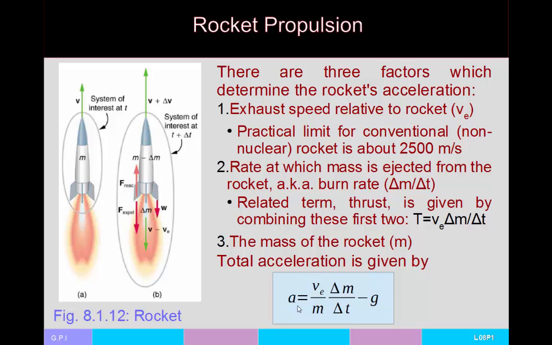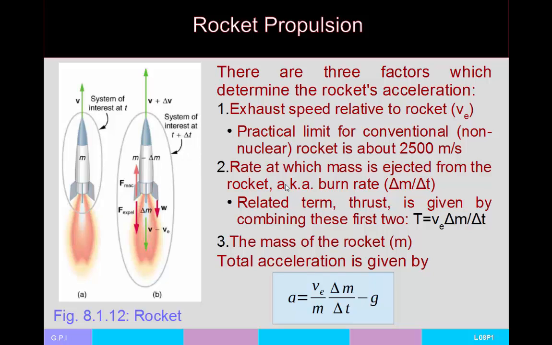And so the acceleration basically is given by the force, which thrust is actually a measure of, so it's given by thrust divided by the mass of whatever's left in the rocket, minus whatever the acceleration due to gravity is if the rocket's being launched straight up.